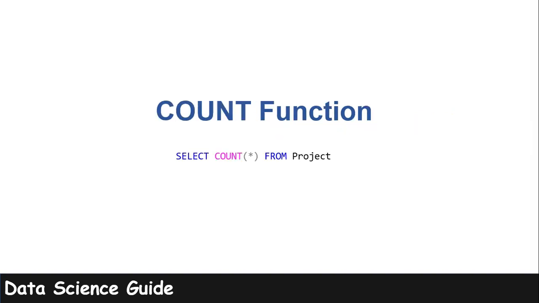We start first with count function. Count function is used to find the total number of rows or records. So this is the syntax here. Select count, and between parentheses star, that means all rows from project.